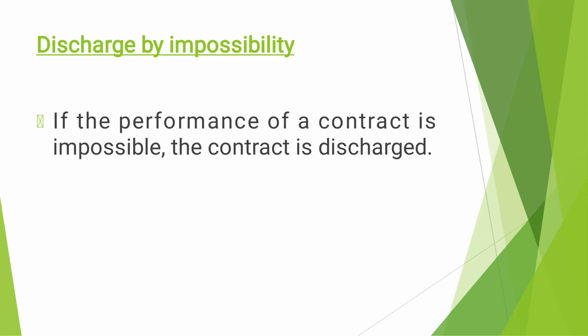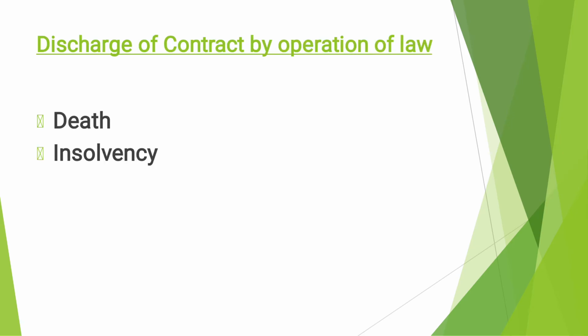The impossibility of performance may be of two types. One is impossibility at the time of agreement, and the other one is impossibility arising subsequent to the formation of contract. Next one is discharge of contract by operation of law. It may occur in the case of death or insolvency. First one is death of the promisor, which results in termination of the contract in case of a contract involving personal skill or ability.